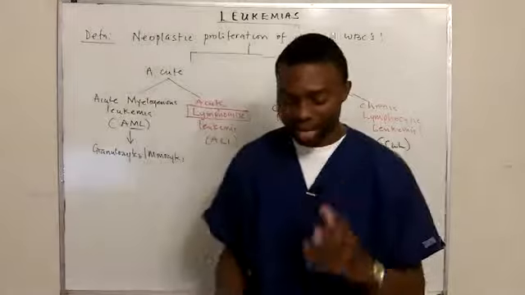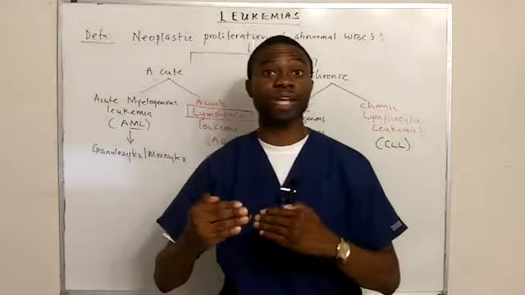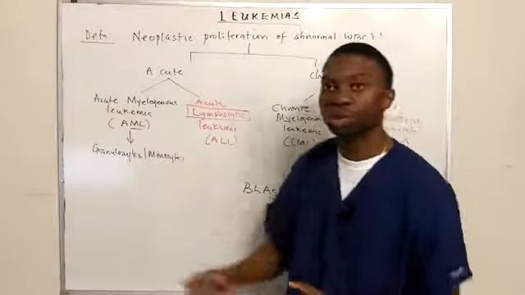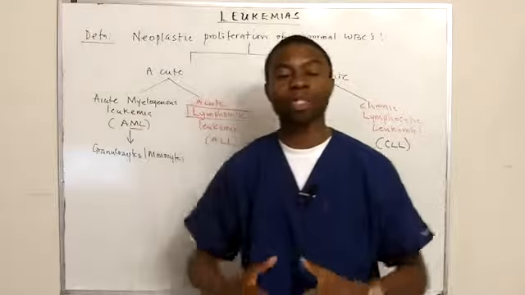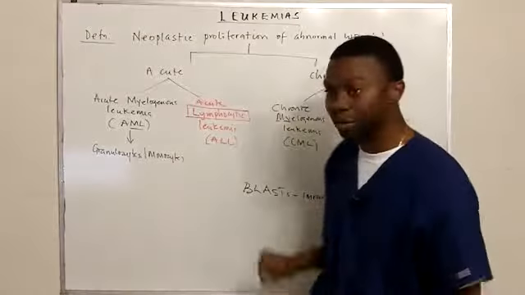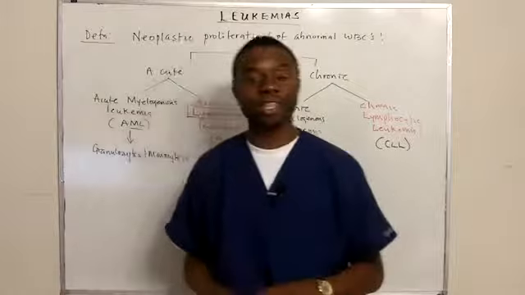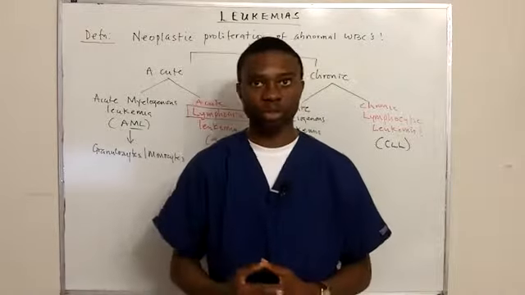Anything that's acute in medicine is a very short duration of time. So acute leukemias usually happen with a rapid progression, rapid growth of this immature cell line known as blast cells. And this often affects them before the cell lines become mature.